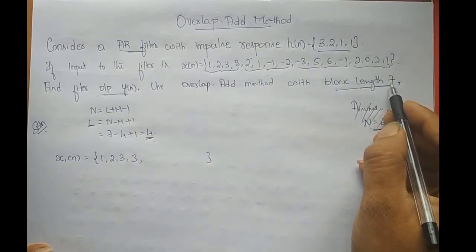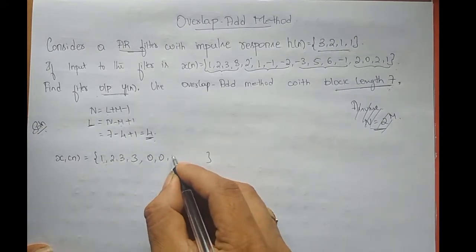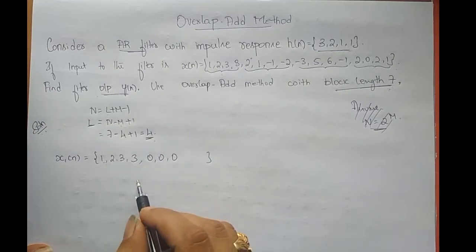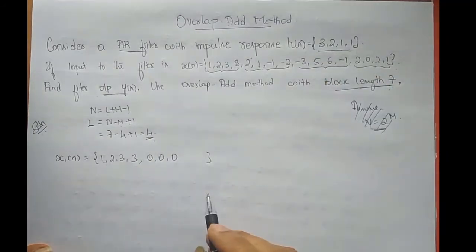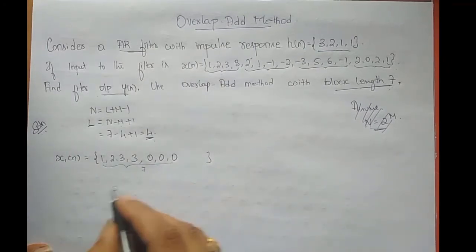The block length is 7, and this is 4, so I need to pad M minus 1 zeros, which is 4 minus 1, 3 zeros. So the total length is capital N, which is 7.